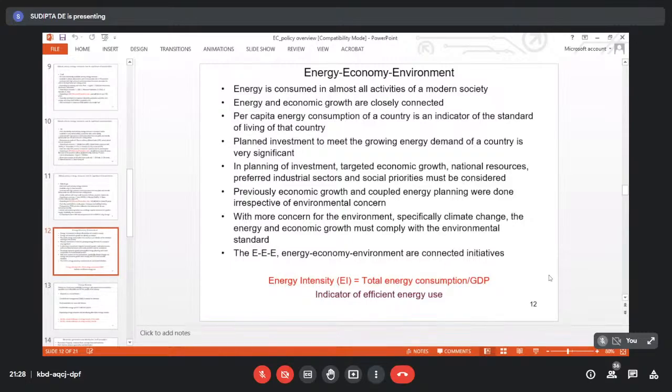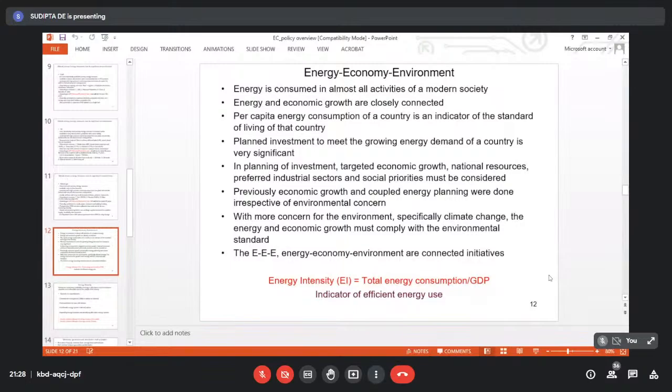They may have a good GDP also, so their energy intensity is very small. That's why, though the per capita energy consumption is less, their standard of living may still be very high. So the general comparison of per capita energy consumption is not necessarily the single indicator for assessing the standard of living.